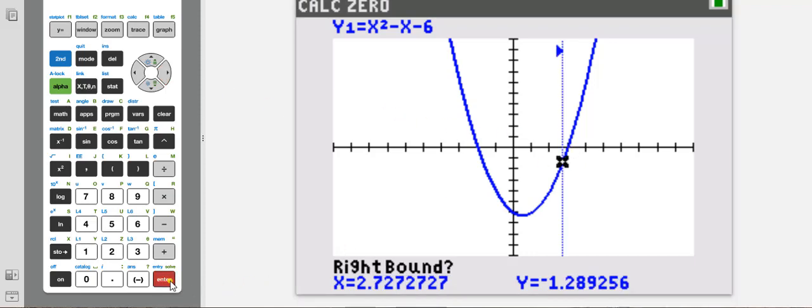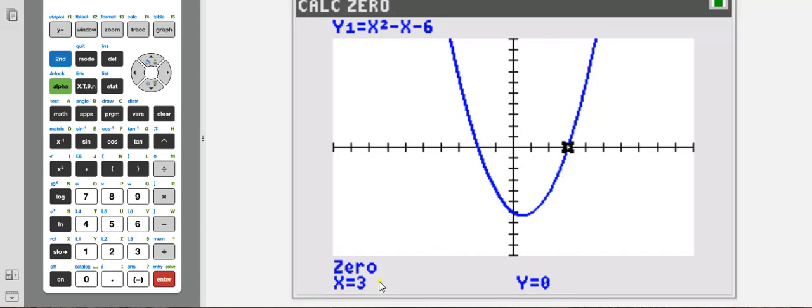Press enter. And then it's asking for the right bound. So move the cursor to the right side of the x-intercept, press enter, and press enter again when it's asking for guess. So it is indeed -2 and 3. So -2 and 3 are the x-intercepts or zeros of this function.